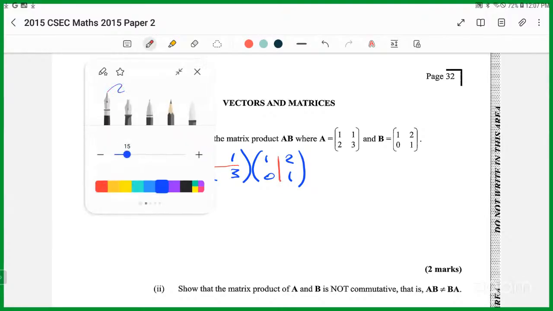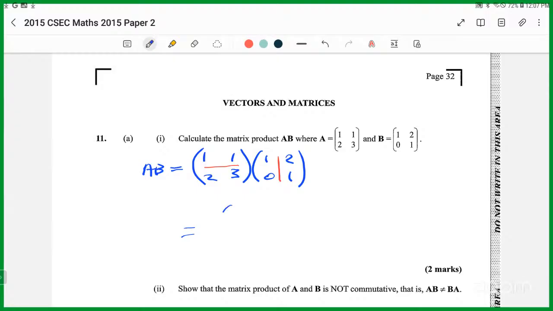It's a 2 by 2 matrix with 4 values. Let's run through this one a little bit quicker now. So the first value here is this first row times this first column. So it's first element times first element, second element times second element.